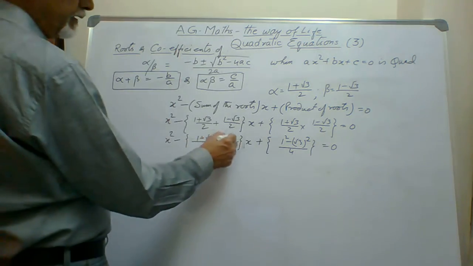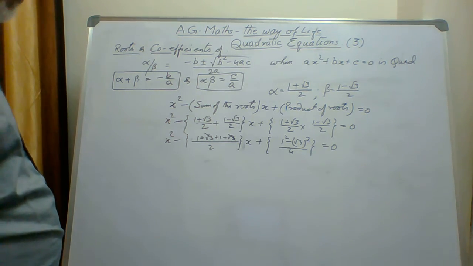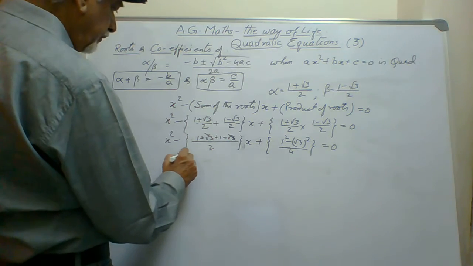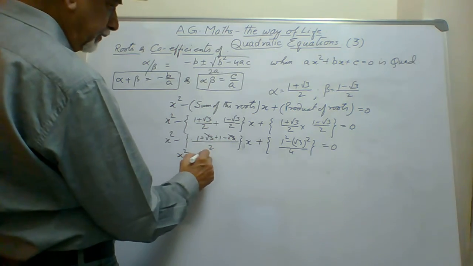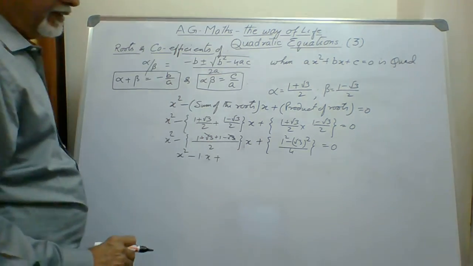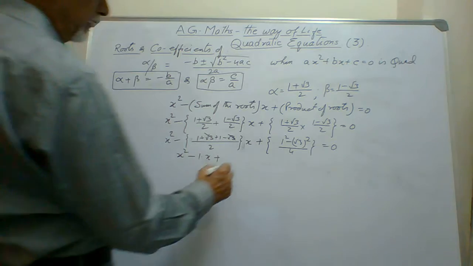So what is cancelling here is √3, right? Then what I get here is x² minus 2 by 2 is 1, into x, plus 1 minus 3 by 4, which is minus half.